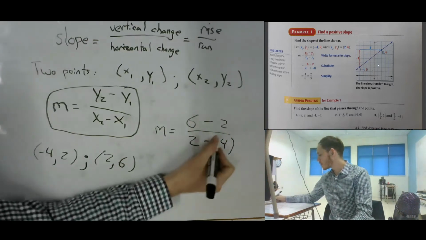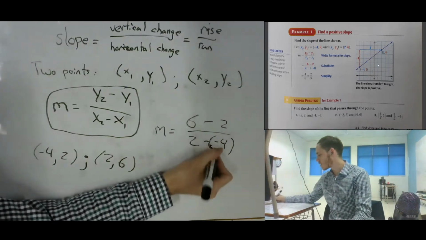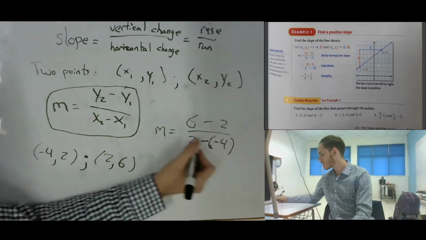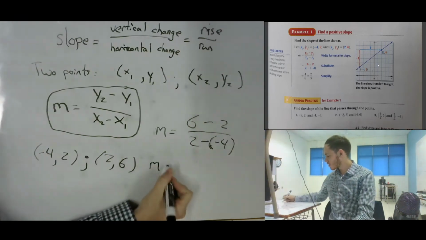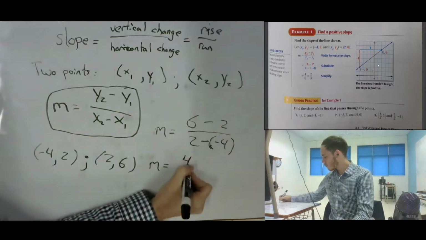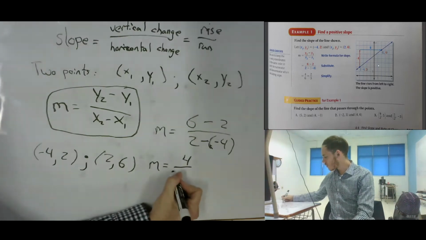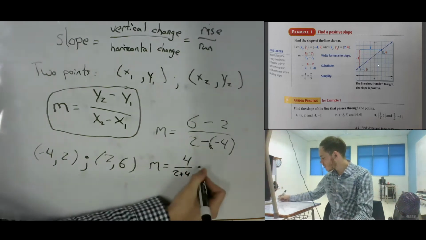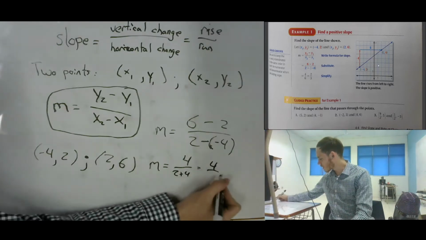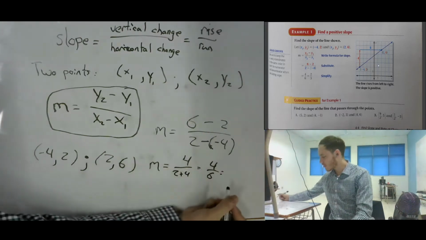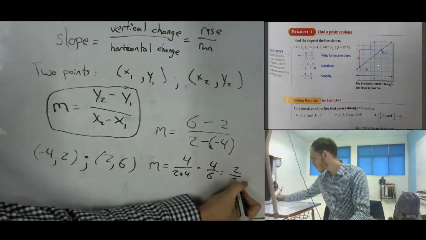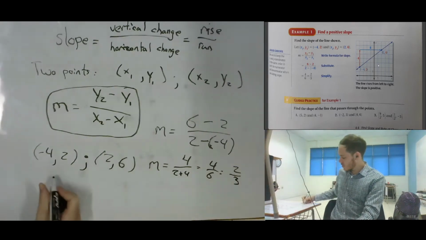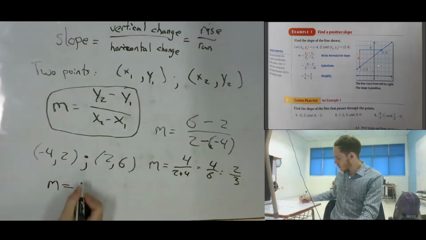I put this in parentheses so we don't confuse our negatives. Then we distribute and subtract. So 4 over 2 plus 4, which is 4 over 6. And with fractions, you always simplify. So that's 2 over 3. Our slope, m, equals 2 over 3.